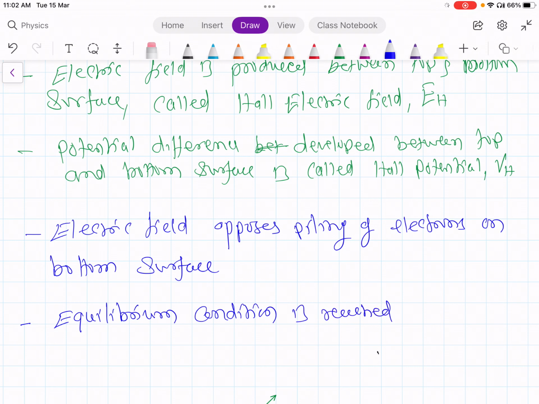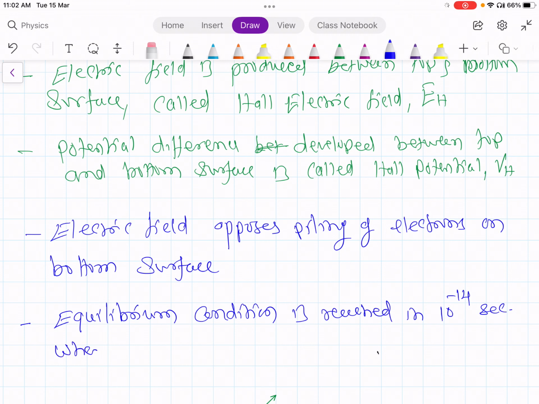Equilibrium condition means Lorentz force is equal to electric force. So when Lorentz force equals electric force, equilibrium condition is reached in 10 to power minus 14 seconds.